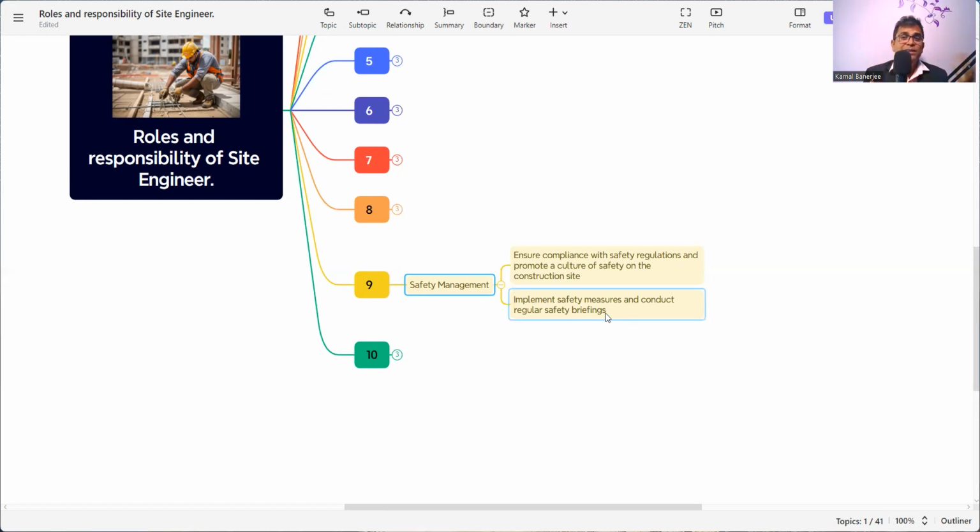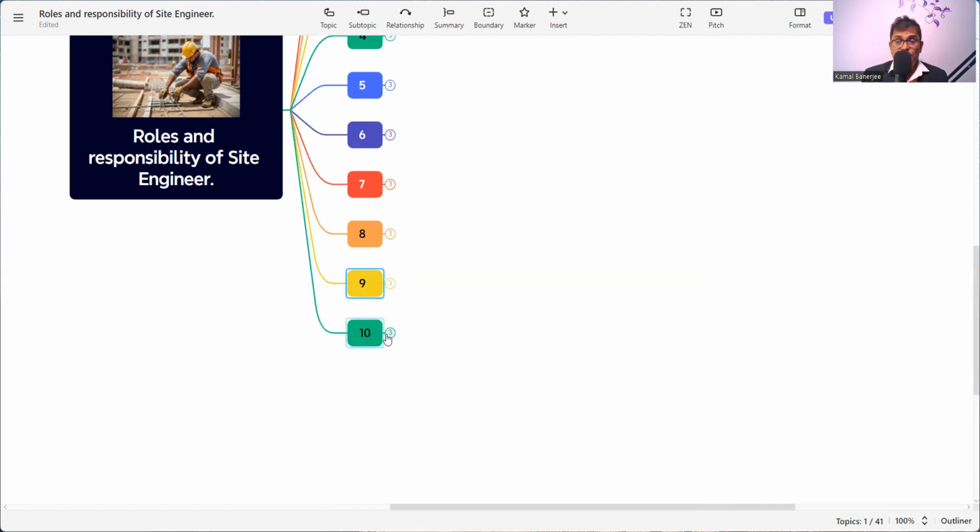And if you find any hazard that may cause injuries, you have to stop the work immediately and inform your higher authorities, construction manager, project manager, and the safety team for their intervention. So in safety management you need to be very careful whenever you are working as a site engineer.